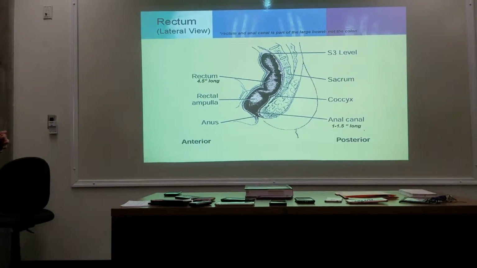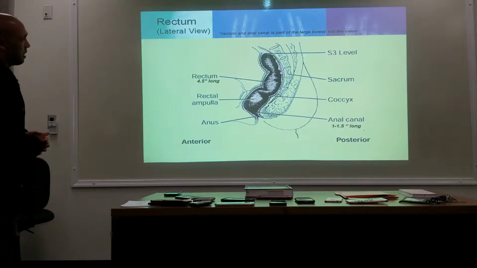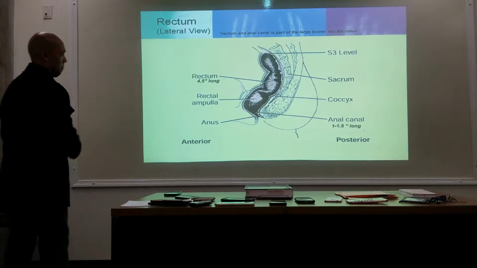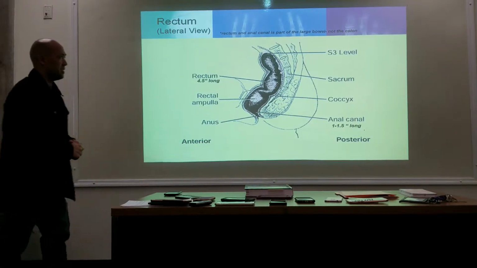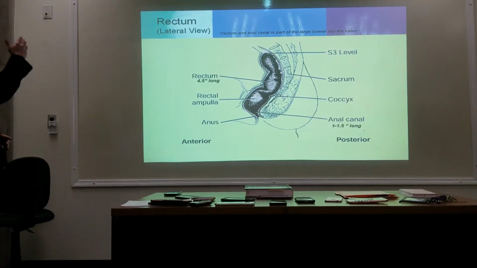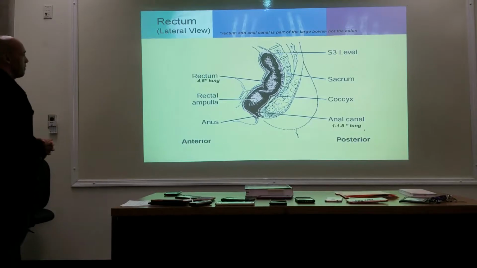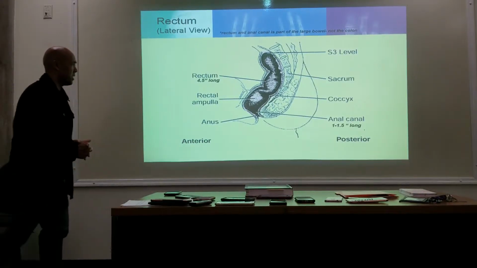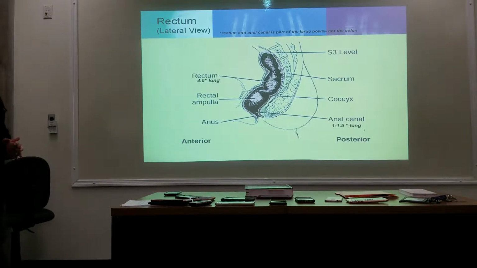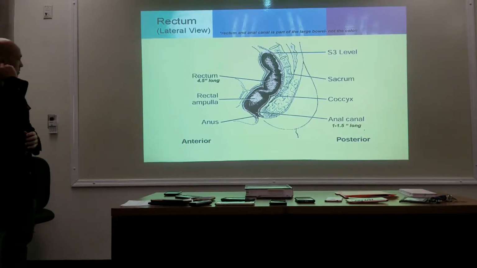All right, the rectum and the anal canal are part of the large bowel, not the colon, as it says up there. The rectum generally begins at the level of S3, and it hugs the curvature of the sacrum. The rectum is approximately 4.5 inches long. The anal canal is approximately 1 to 1.5 inches long.